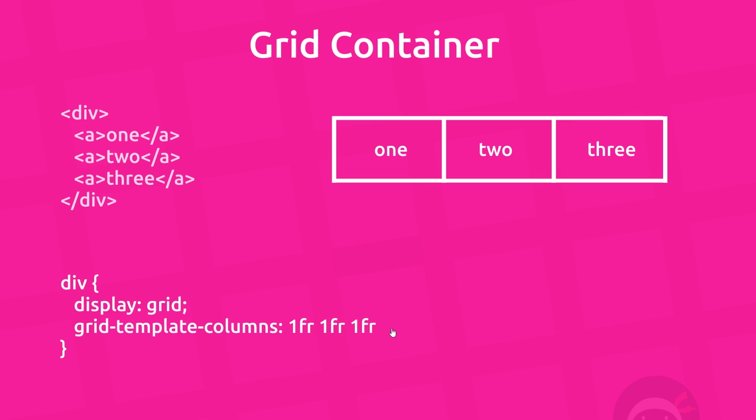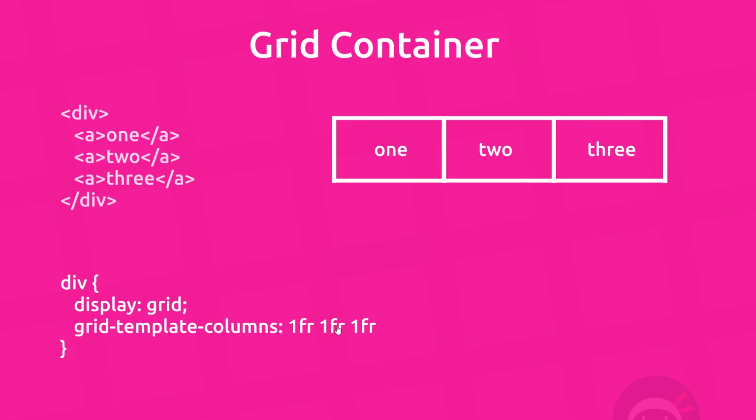So if on large screens the total width of the grid is 900 pixels, then each column is going to be 1 equal fraction of that grid. So they'll all be 300 pixels in width. But on a smaller screen, imagine it's 600 pixels, the total grid container width, then each fraction would be 200 pixels, right? So it's sometimes nicer to use fractions rather than pixels for that reason.